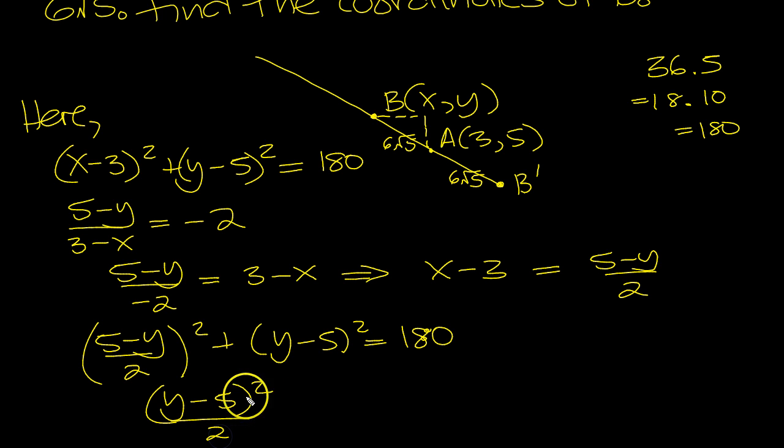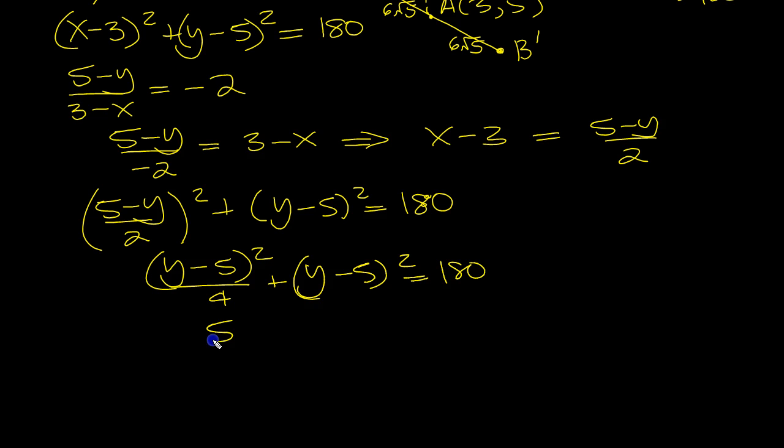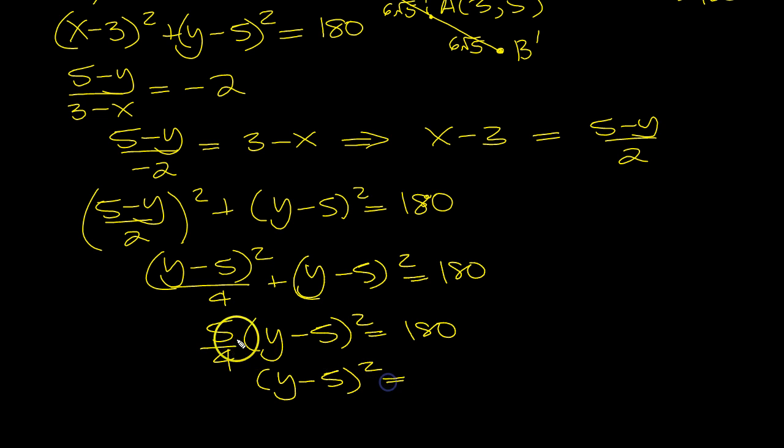Over the 2 squared, which is 4. So I'm just expanding the bracket at the same time as well, plus y minus 5 squared equals 180. So that then tells us that 5 over 4 of y minus 5 squared equals 180. So that tells us then that y minus 5 squared, divide by 5, again it's 36 when you divide 180 by 5, and the 4 comes up to be 4.